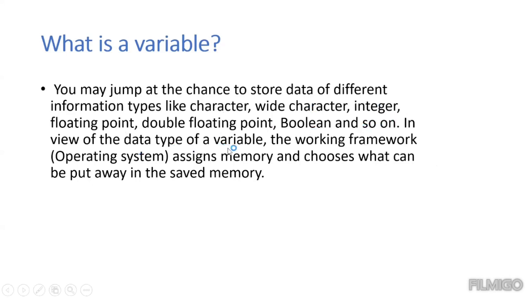So a variable can store all types of data. Based on the data type of a variable, the operating system assigns memory and decides what can be stored in the reserved memory. Suppose a character has 2 bytes of memory, a wide character has 3 bytes, an integer has 4 bytes, a floating point has 8 bytes, a double floating point has 10 bytes, and a boolean has 2.